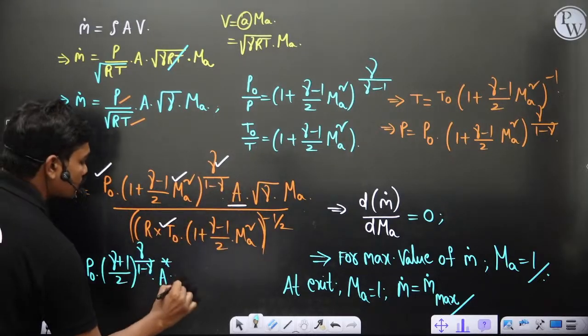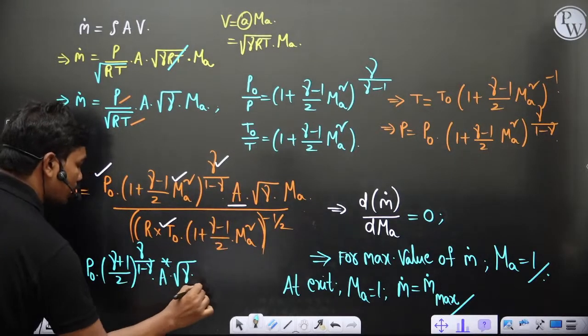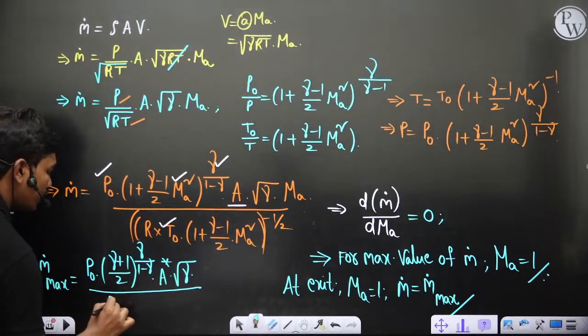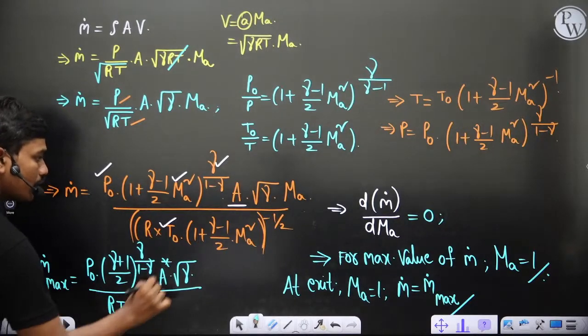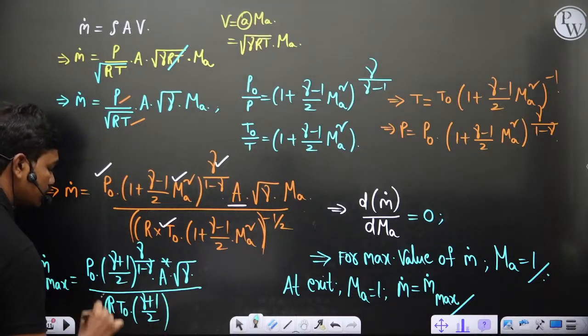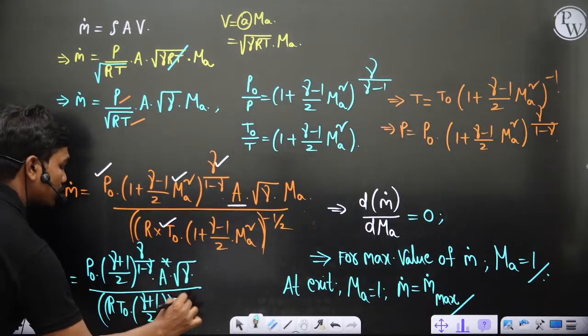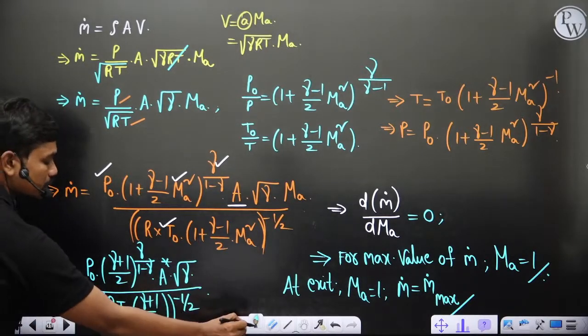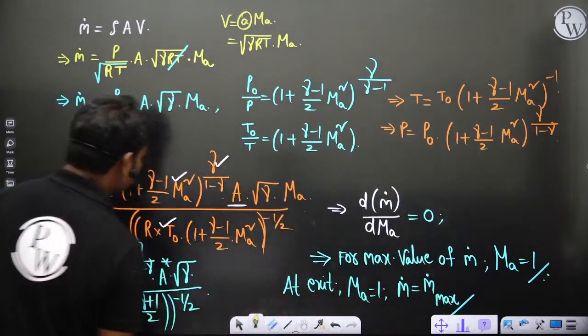So this is root gamma into Mach number 1 again here. So by R times T naught into (gamma plus 1 by 2), of course, whole power minus half. So this is the maximum mass flow rate expression that you will get in case of this converging nozzle.